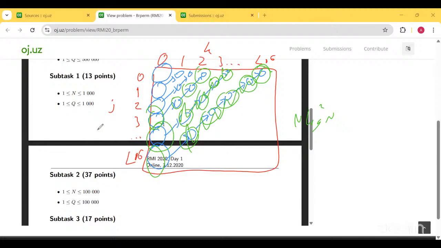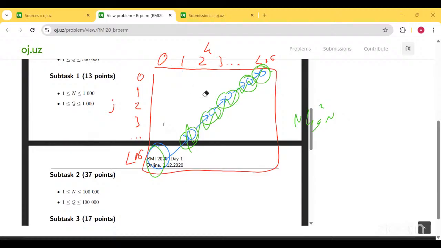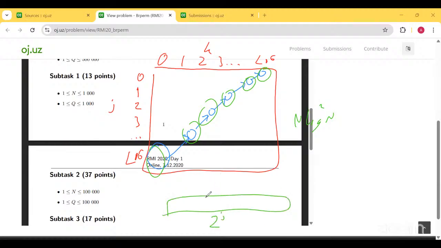Okay. All right. So actually, we can ignore this. The n log n solution is just ignoring this. So we are only finding this, right? So it means for the length of 2 to the j, the base is always f0.